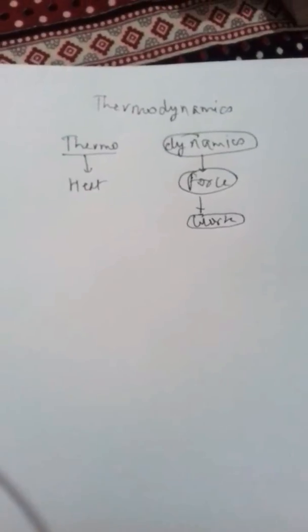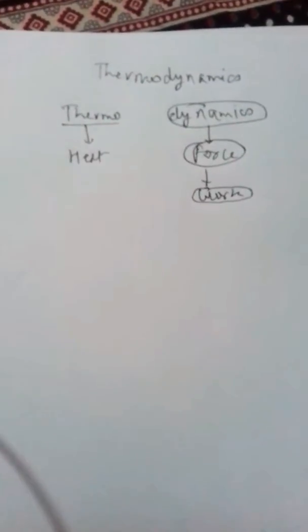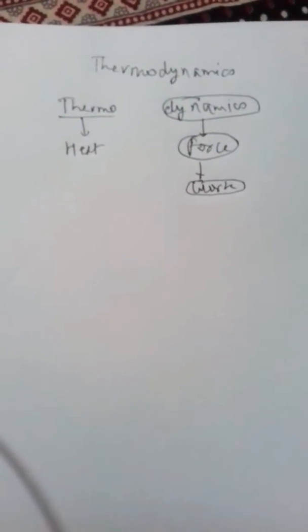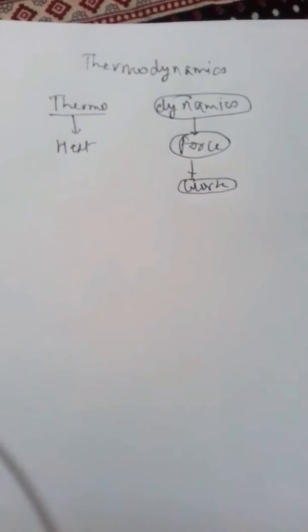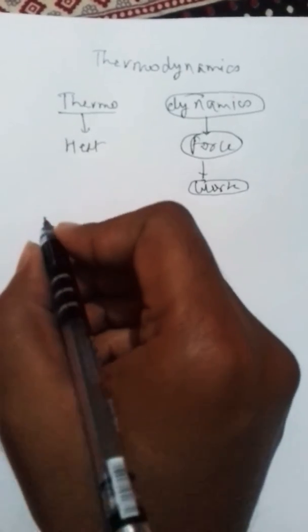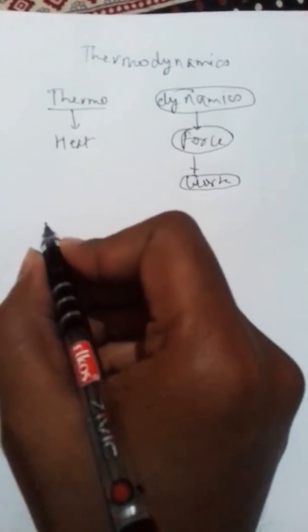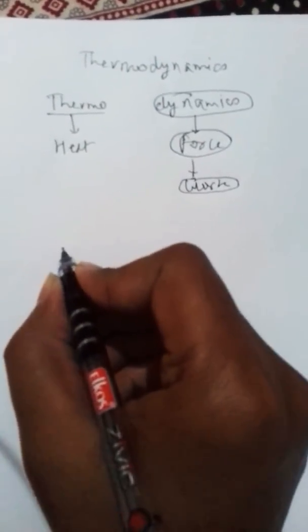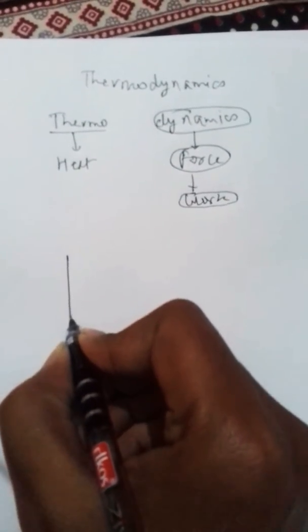Now, before studying thermodynamics, we have to be very well acquainted with some particular terms, such as first is system. Now let us see. Suppose we are having a glass of water.